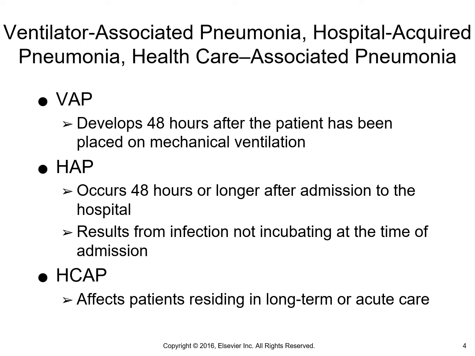It results from infection not incubating at the time of admission. And then an HCAP is a healthcare-associated pneumonia, and this generally affects patients residing in long-term care facilities or acute care.